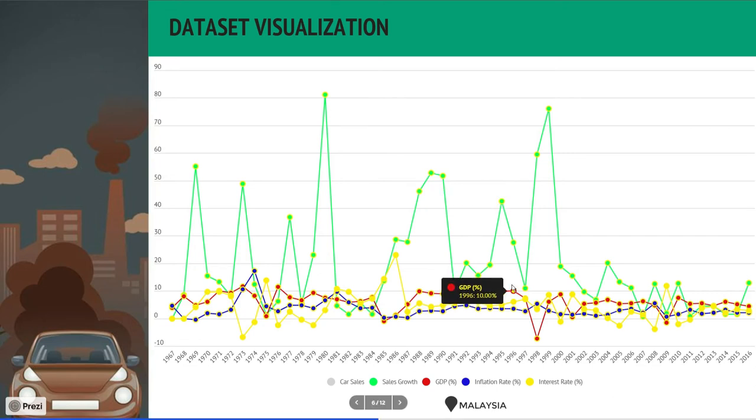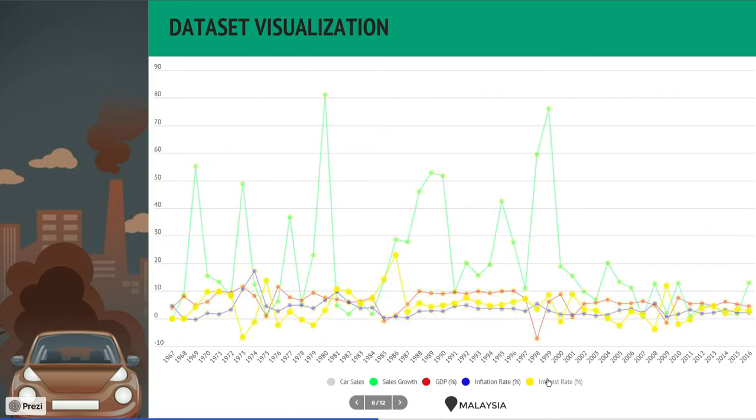In the following year, the GDP is 9.83%, the interest rate is 4.92%, and the inflation rate is 3.45%. So this is my visualization of the 5 variables.